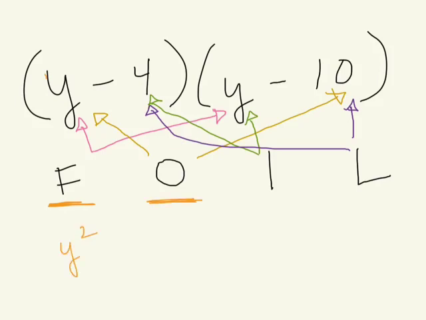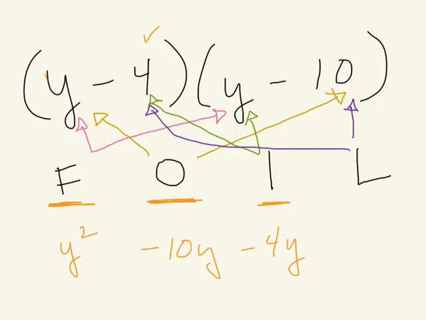Outside terms, we have this y times this negative 10, and remember that's negative 10. So you get a negative 10y. Inside terms, that's negative 4 and y. Negative 4 times y is negative 4y.